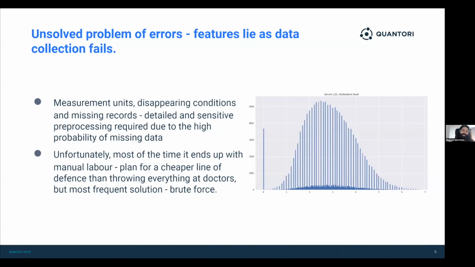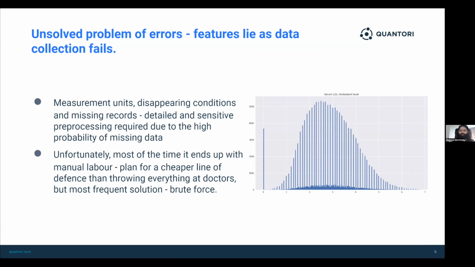So the second thing here is a problem of errors in the data. The problem is very trivial. We don't have a possibility to really influence how medics or whoever collects the data do that, because most of the data sets are collected by hospitals and we have no influence at all, I don't know, on the UK or the US systems, most of the time at least.